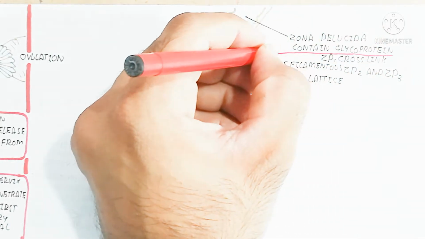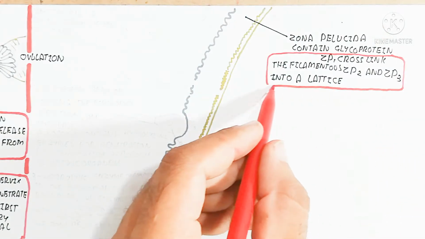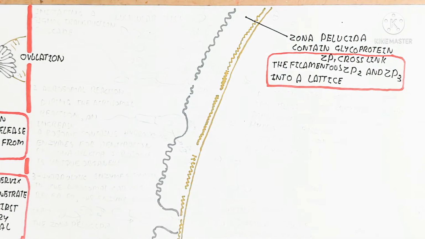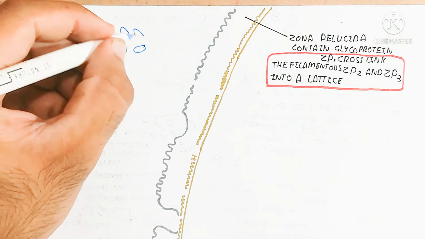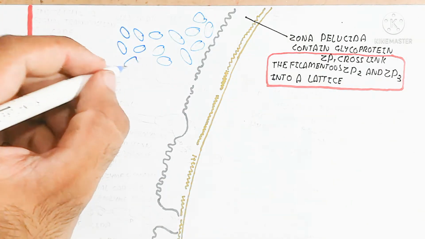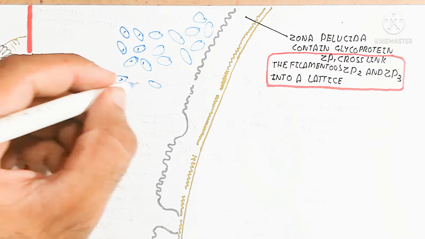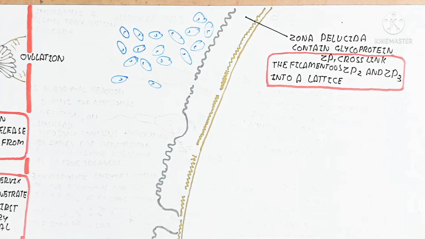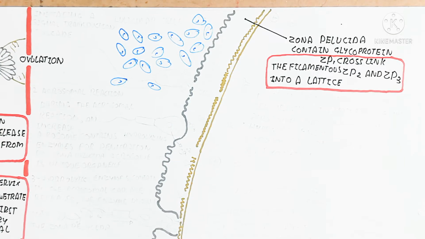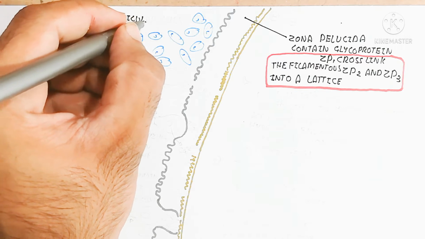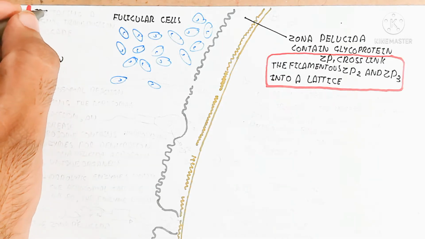So there are three types of ZP protein, due to the zona pellucida: zona pellucida 1, zona pellucida 2, and zona pellucida 3. So here are the follicular cells.